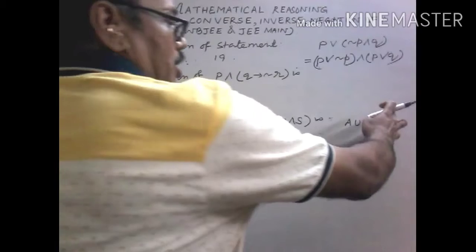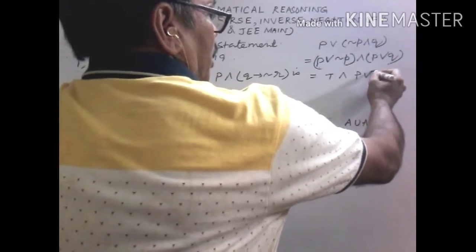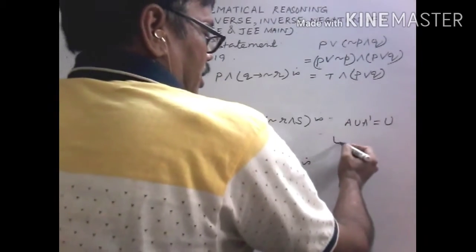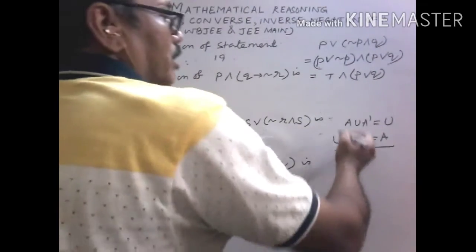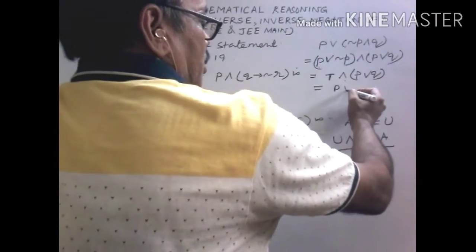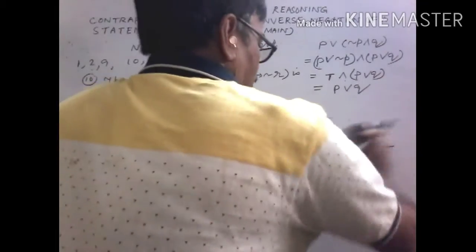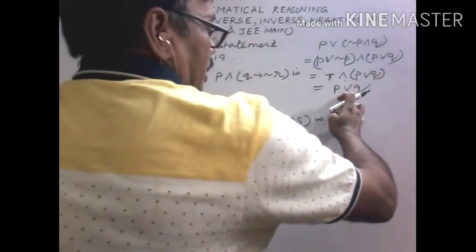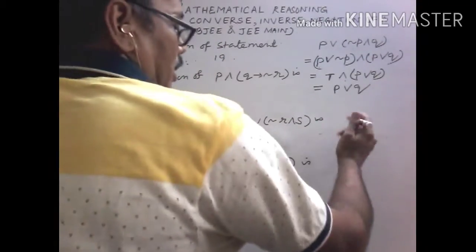Now look, it is just like set A union A dash equals universal set in set theory, but in mathematical reasoning this is a tautology. So this is T intersection P disjunction Q. Now in sets, U intersection A is the smaller one, A. So T intersection this is this one. The simplified form is P disjunction Q. Now we have to find the negation of this.